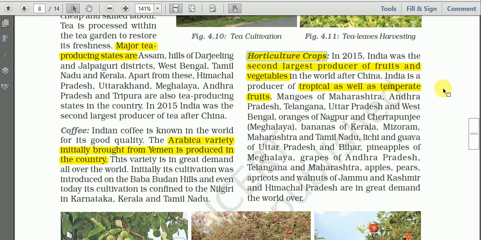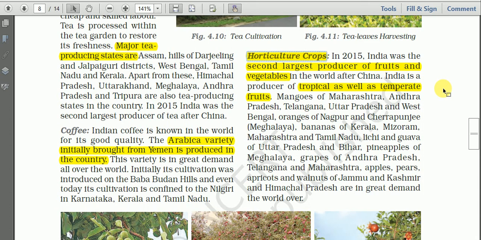Horticulture refers to the growing of fruits, flowers and spices. Generally in horticulture we are growing mainly fruits, then spices like ginger, turmeric, then vegetables.